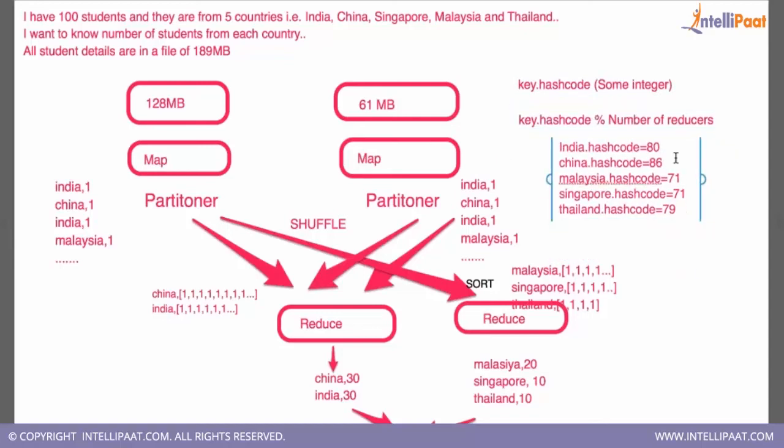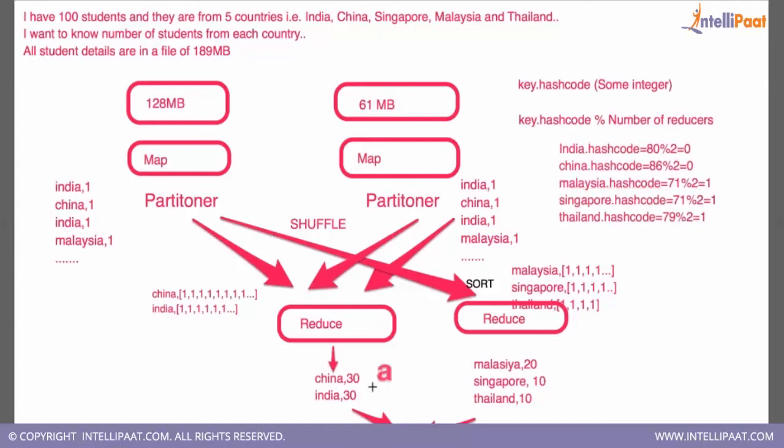So if you see, 80 modulo 2 is 0, 86 modulo 2 is 0, because the number of reducers is 2. 71 modulo 2 is 1, 79 modulo 2 is 1. That's how it gets decided who will go where. That's what is done by hash code and partitioner. By default, it works this way and it load balances the whole thing. It is as simple as that.